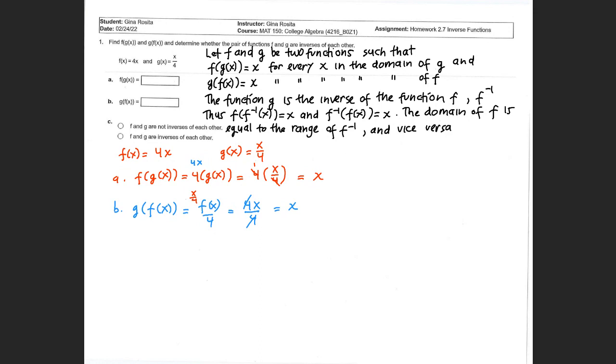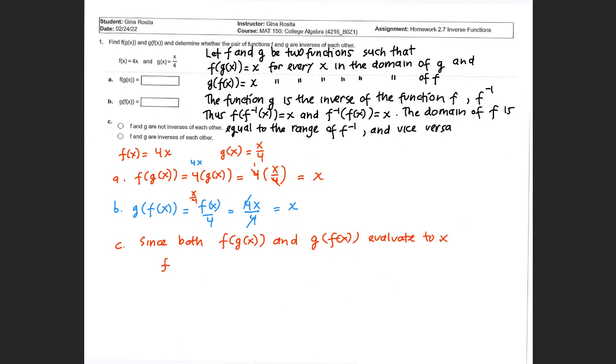The question is, we have to choose whether the functions f and g are inverses or not. Okay, so now look at C. Since both f of g of x and g of f of x evaluate to x, right?